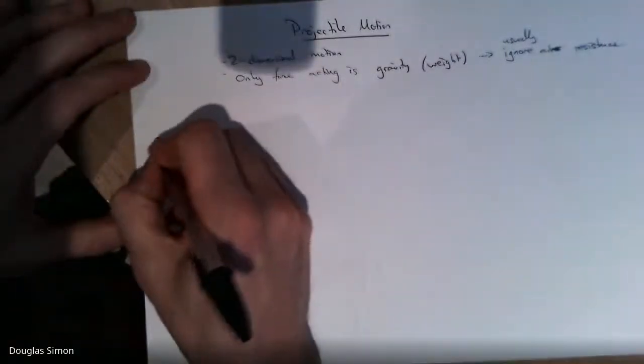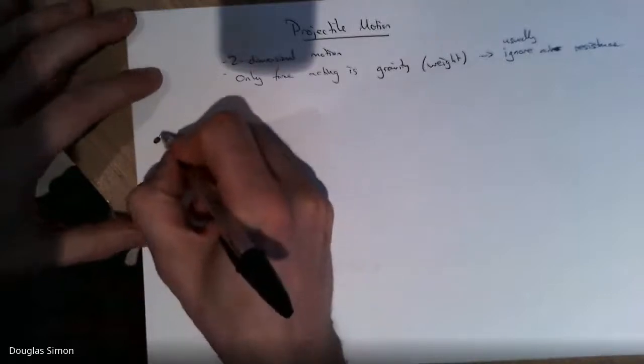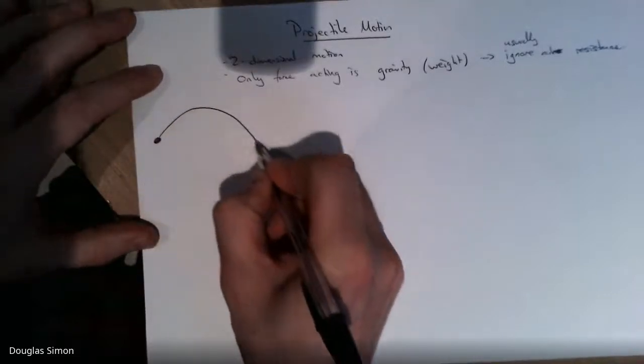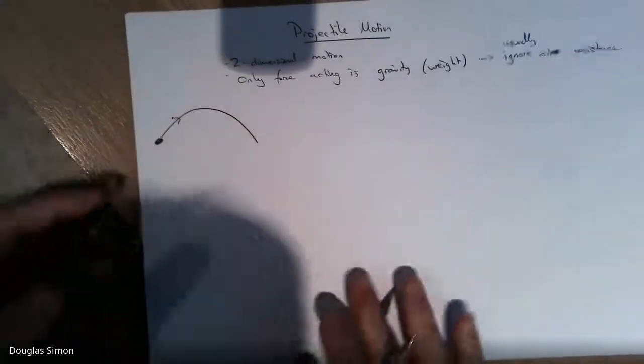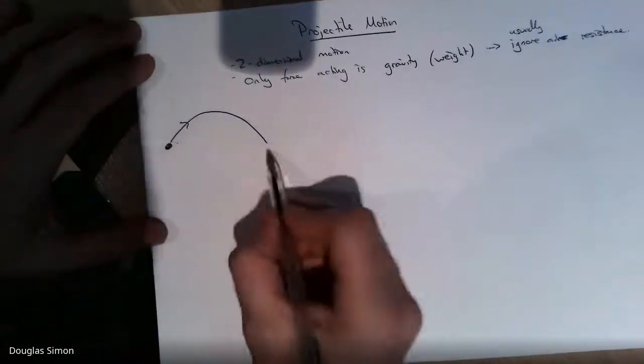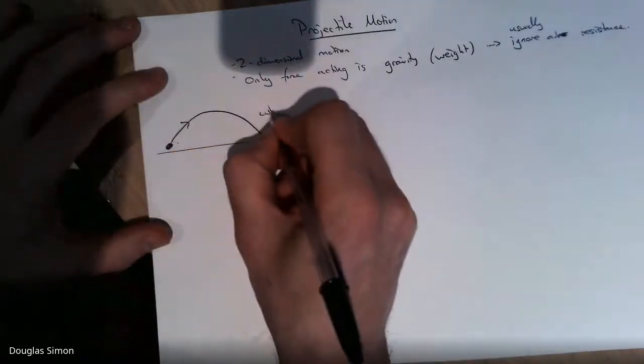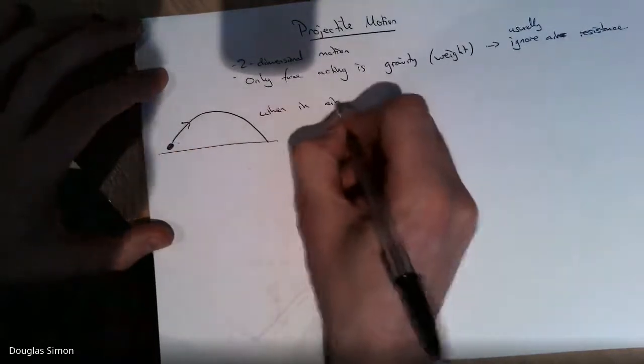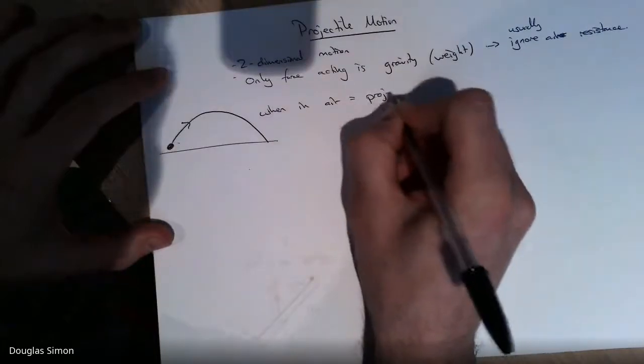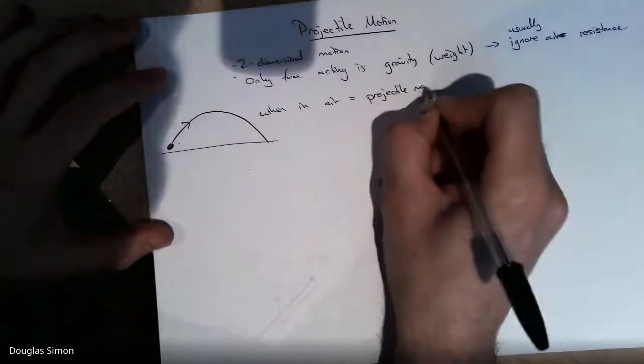So here's a ball being thrown. It will go through the air, it will land. When it's in the air, we say it's undergoing projectile motion.